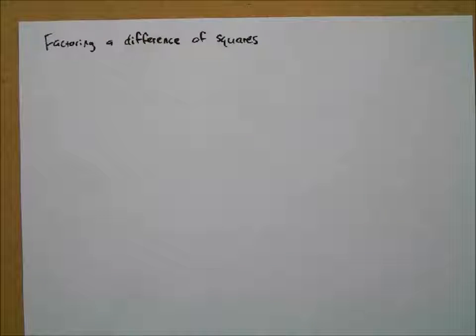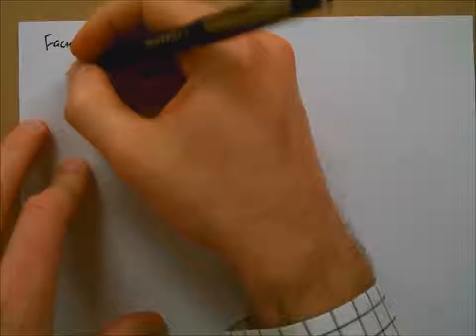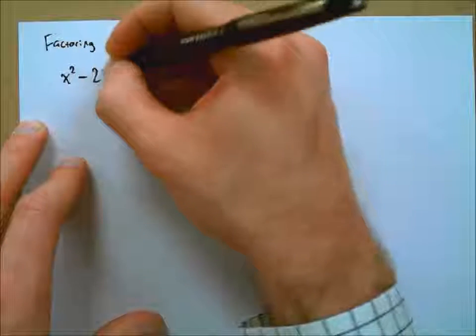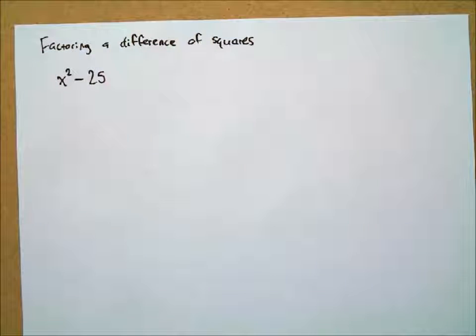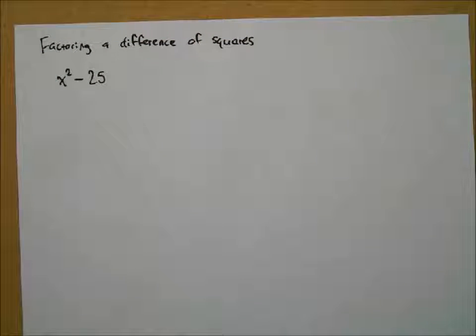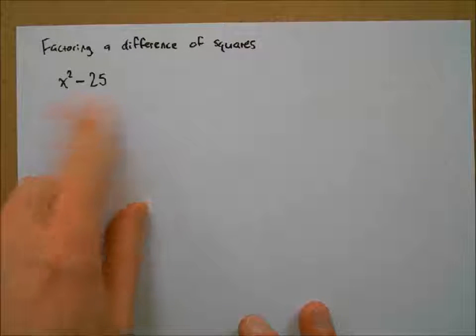And you maybe have heard this before, right? That's when we have something like x squared minus, I'll just make it up here, 25. We call it a difference of squares because it is a difference of squares, right? x squared is a perfect square. 25 is also a perfect square. 25 is the square of what? 5, right? Okay. So you can factor this.